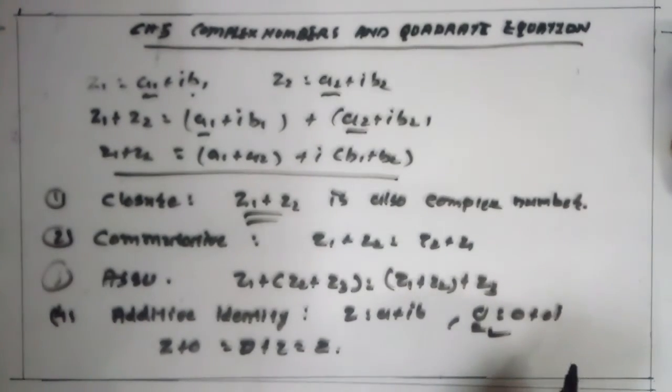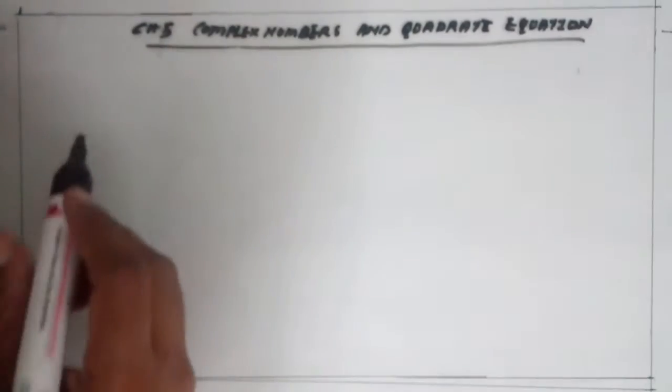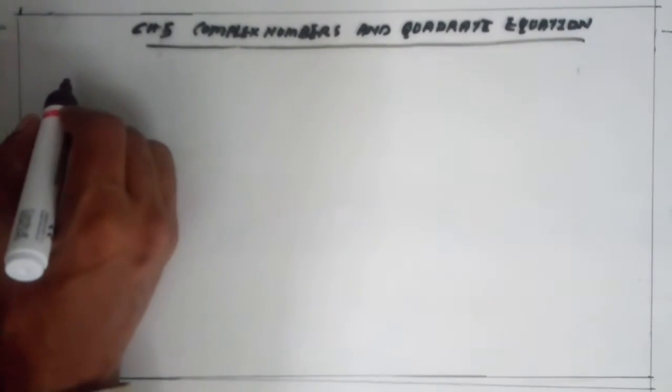So 0 is called additive identity. Clear this? Now inverse.